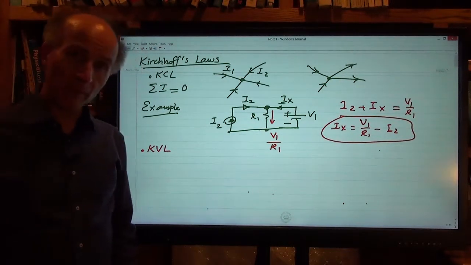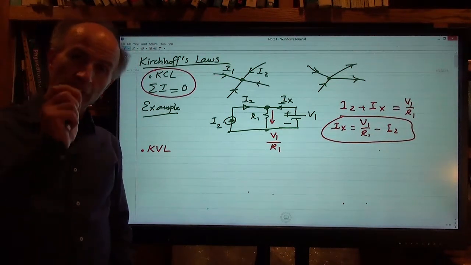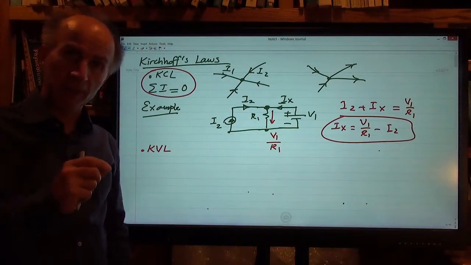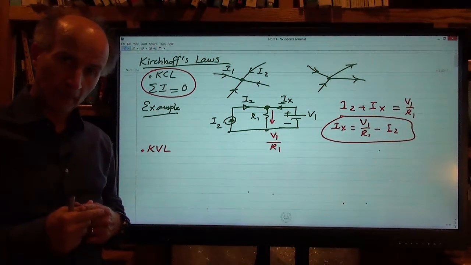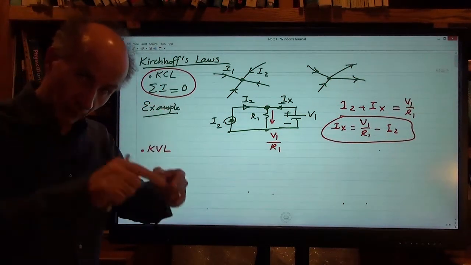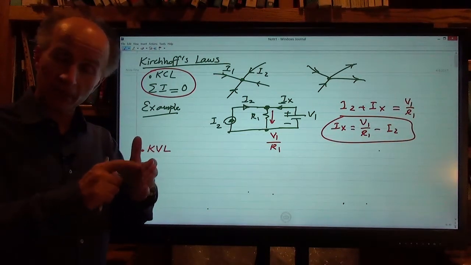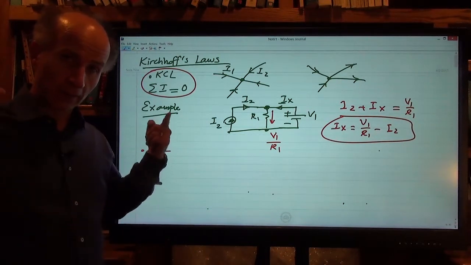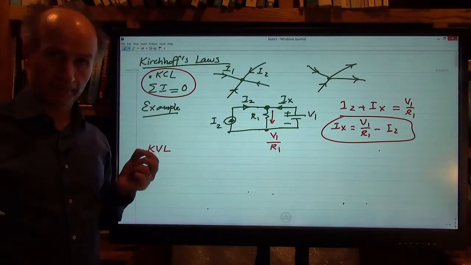All right, so it's important to understand that KCL refers to a node in the circuit. A node is defined as where some branches meet. So what it says is that the currents flowing into the node have to all add up to 0 algebraically, or the currents flowing into the node should be equal to the currents flowing out of the node.